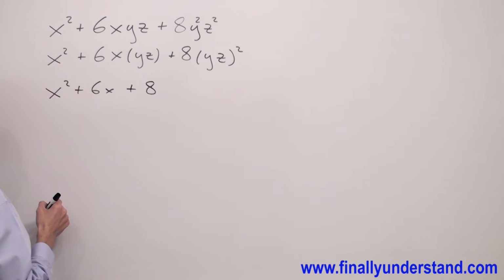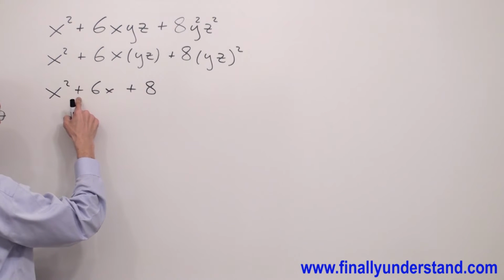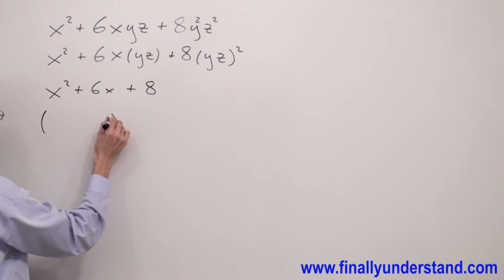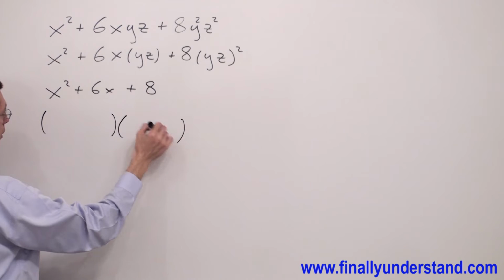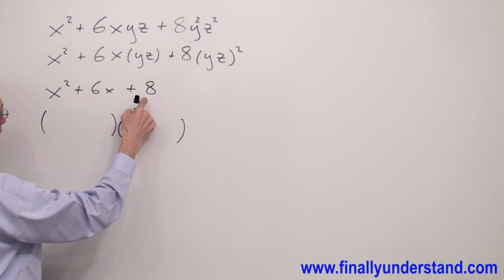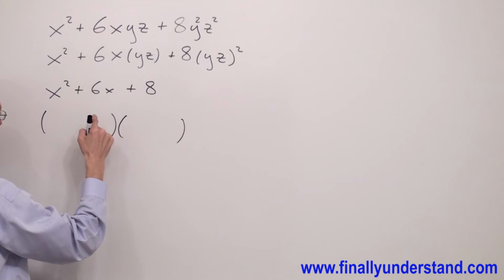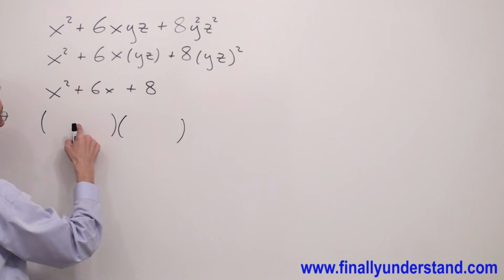I have to look at the signs which are next to the third term and second term. Positive sign next to the third term is telling me that both signs in my factors are the same.